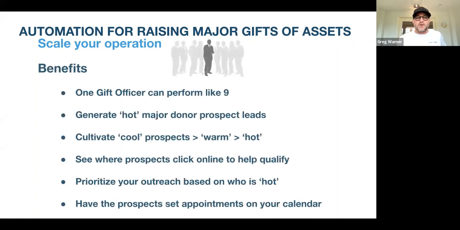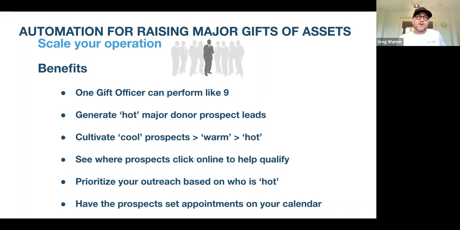All right, so what you're hopefully getting to realize is that automation can help you scale your operation and make one gift officer perform hopefully like nine. It can generate these hot leads or help cultivate the cool ones to help them move themselves to become warm or hot. You can see where people click on your web pages, which is important.